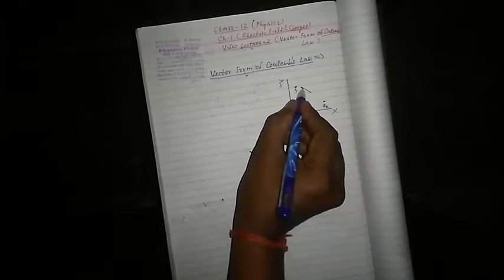This is q1 and this is q2, and this point is the origin. The position vector of q1 is r1 and of q2 is r2.